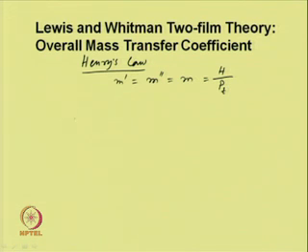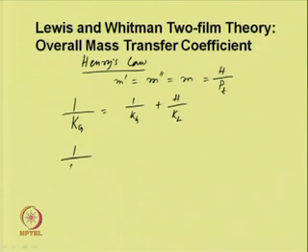And the relation for the overall mass transfer coefficient in the gas phase will be 1 by capital K g is equal to 1 by small k g plus H by small k l, and 1 by capital K L will be equal to 1 by H k g plus 1 by k L.